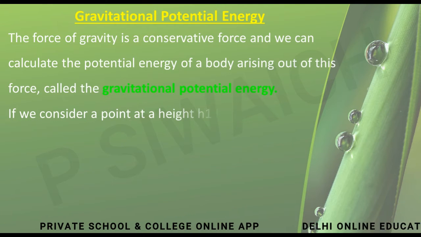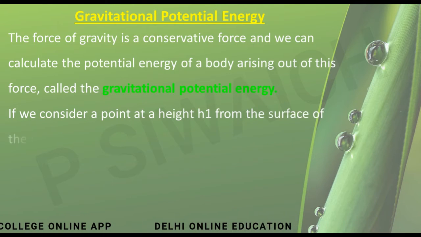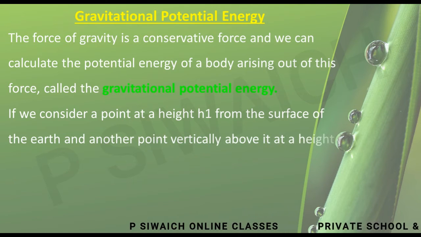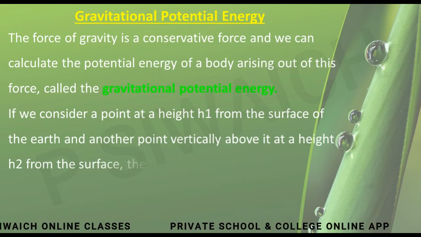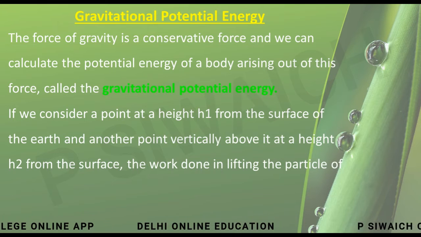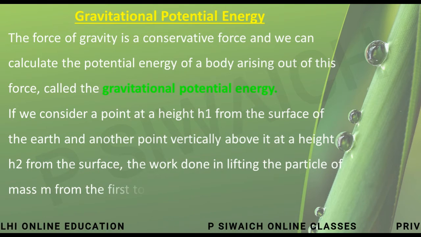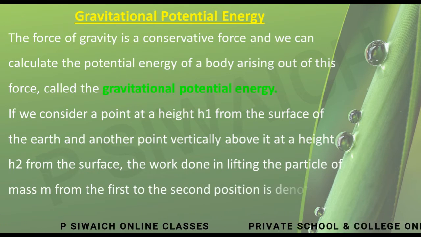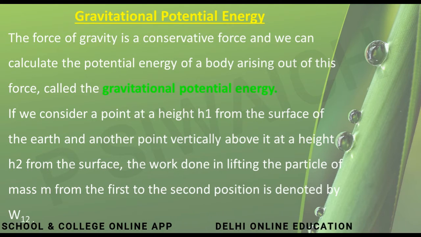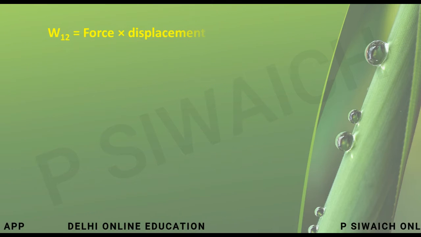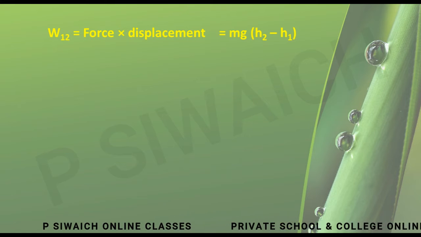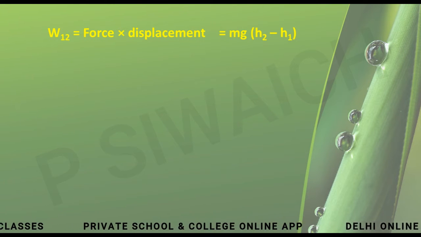If we consider a point at a height h1 from the surface of the earth and another point vertically above it at a height h2, the work done in lifting a particle of mass m from the first to the second position is denoted by W12. W12 equals force into displacement equals mg(h2 minus h1).